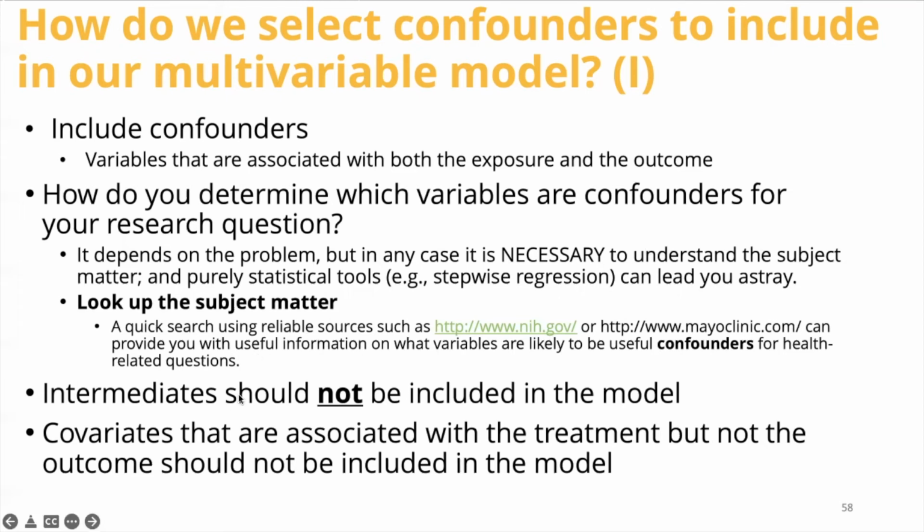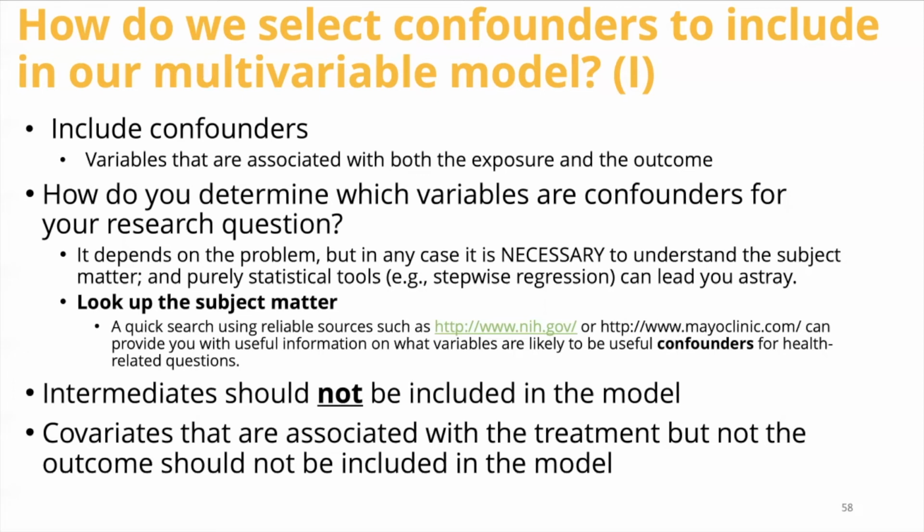Intermediates should not be included in the model. Intermediates are variables that are on the intermediary path between the exposure and the outcome. For example, let me think about this for a minute. Sun exposure can cause cancer, and mutations in, let's say, the DNA in the skin is an intermediate between sun exposure and cancer.